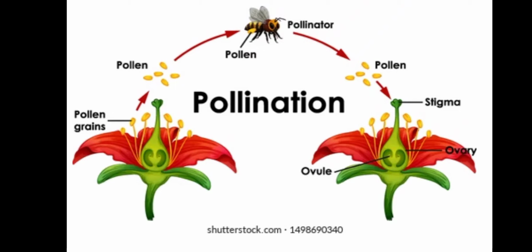So over here, the transfer of pollen grains from the male part to the female part of a flower. And we have the helping hand, that is the pollinator, the bee.